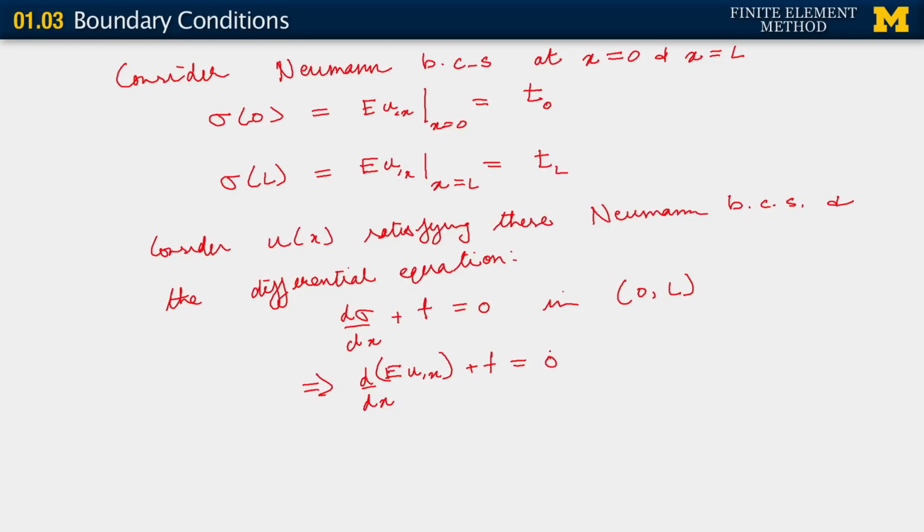Now, this is the problem we would be solving, with these two boundary conditions and this differential equation. Now, observe that any solution we get to this problem would be non-unique up to a constant displacement field.